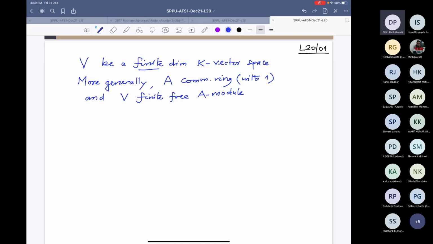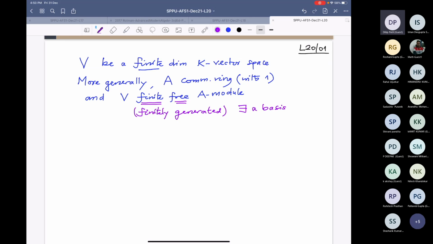I just want to put a caution here. When I say finite, it doesn't mean cardinality-wise finite. What I mean is finitely generated. And free, of course, you know, means there exists a basis.